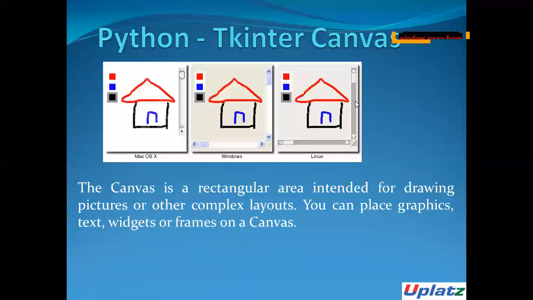It takes 2 pairs of coordinates, the top left and bottom right corners of the bounding rectangle for the oval. Then finally, we can also draw polygon. The polygon attribute creates a polygon item that must have at least 3 vertices. Okay. So these are with respect to the canvas widget.